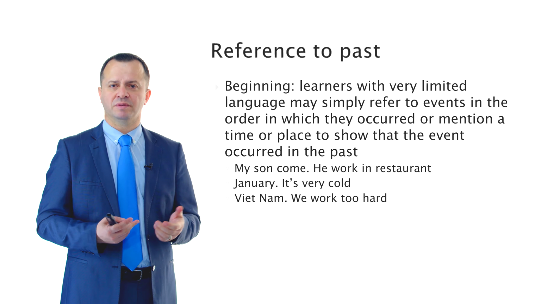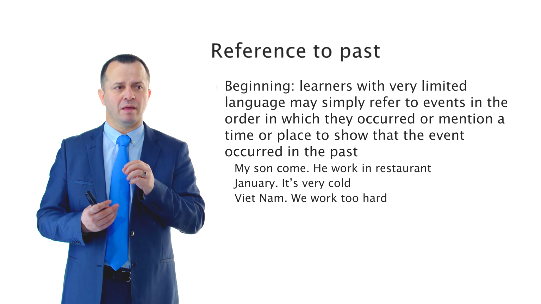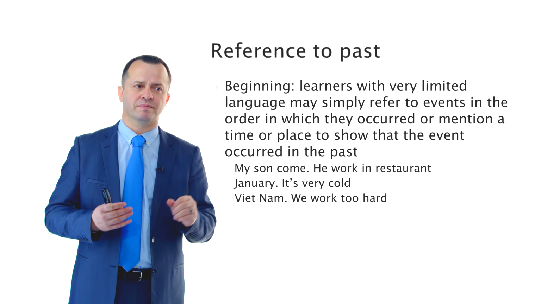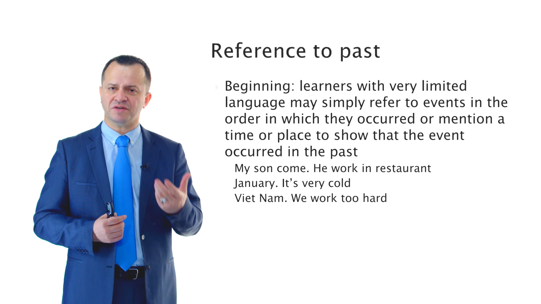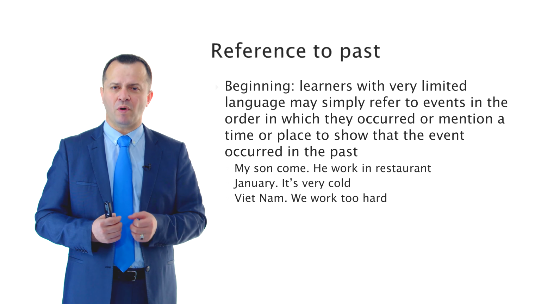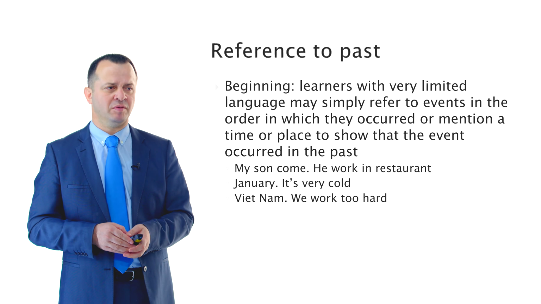He work in restaurant." So that's how they are describing events in the order of occurrence, but without inflection. They think that once it's described by events, it's inflected with the past tense.